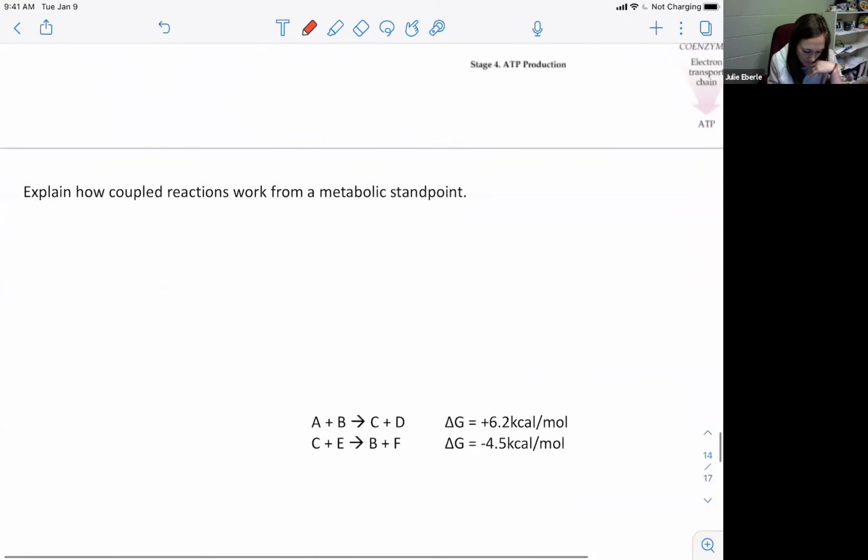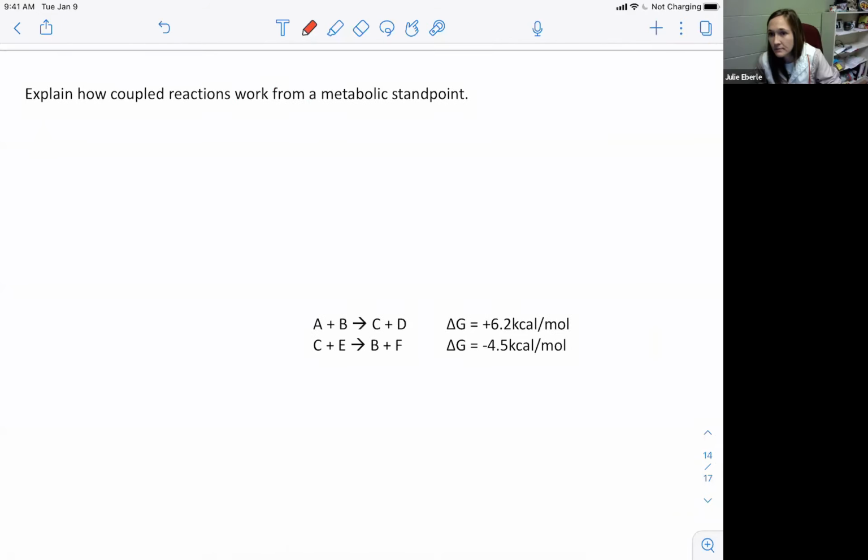So let's talk about coupled reactions. Explain how coupled reactions work from a metabolic standpoint. What do you guys think? How do coupled reactions work? You could explain this many different ways.